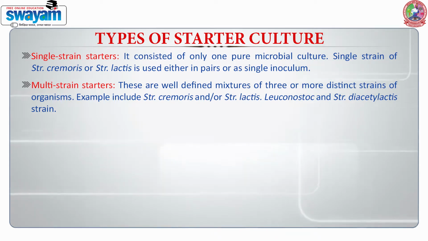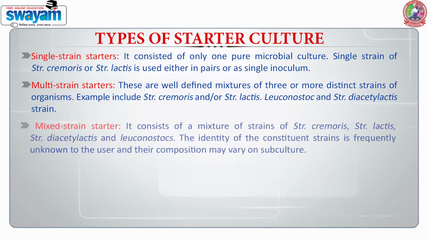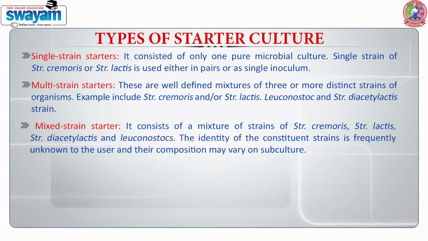The third group of starters are mixed strain starters. It consists of a mixture of strains of Streptococcus cremoris, Streptococcus lactis, Streptococcus diacetylactis and Leuconostoc. The identity of the constituent strains is frequently unknown to the user and their composition may vary over the subculturing process.